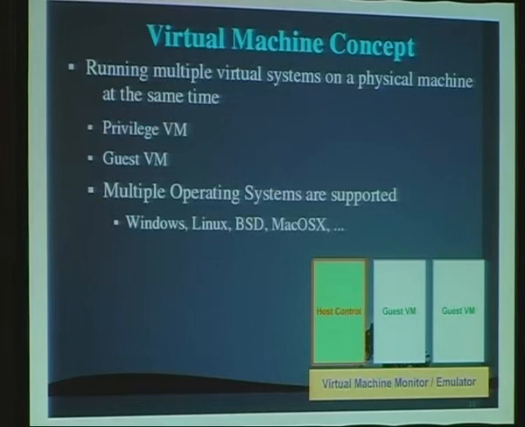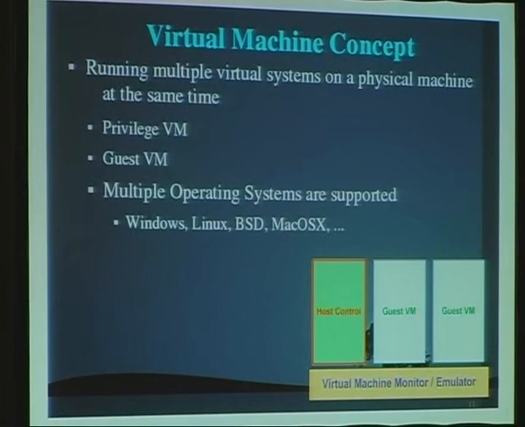On the screen, you can see that at the bottom we have a thin layer named the virtual machine monitor, or hypervisor. On top of that, I run 3 operating systems at the same time. In the virtual machine concept, they classify virtual machines into 2 types: a privileged virtual machine and guest virtual machines.